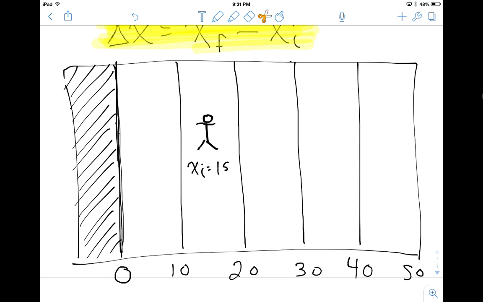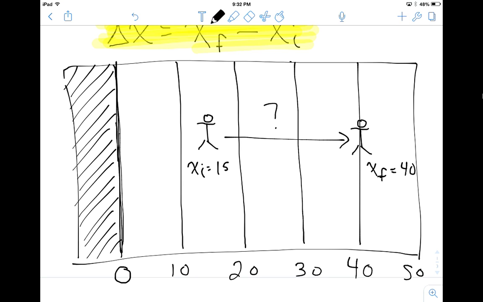They snap the ball, and Mr. McSparron runs downfield, and he gets tackled, boom, there, at the 40-yard line. So now his final position, xf, is 40. So what I want to know is, what's his change in position?